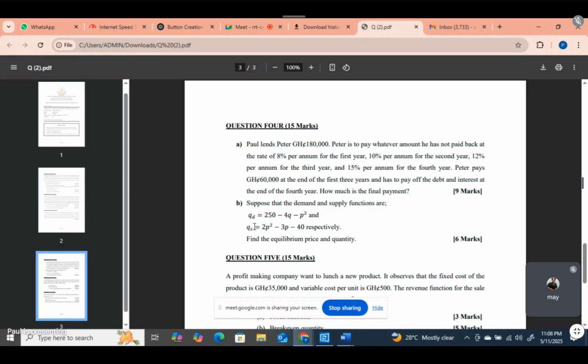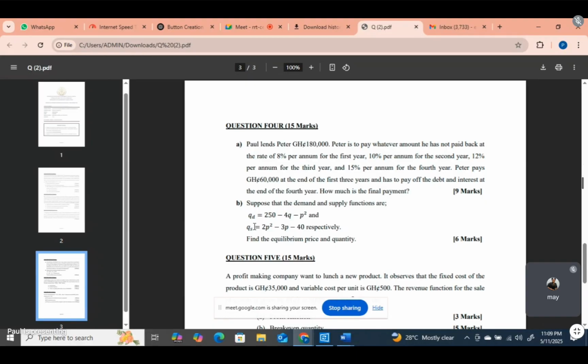Paul lends Peter 180,000. Peter is to pay whatever amount he has not paid back at a rate of 8% per annum for the first year, 10% per annum for the second year, 12% per annum for the third year, and 15% per annum for the fourth year.